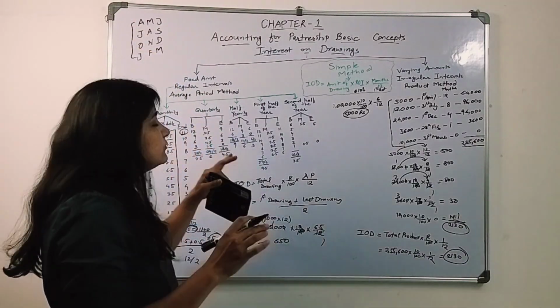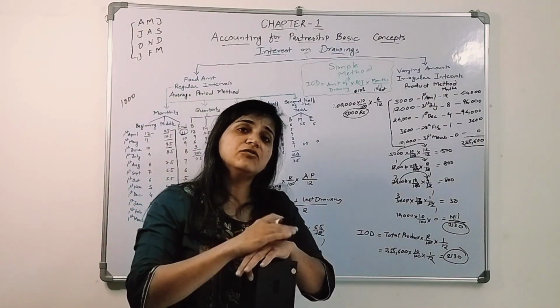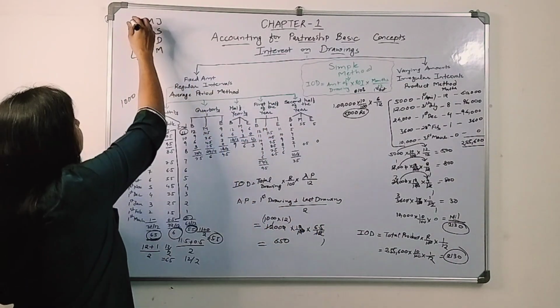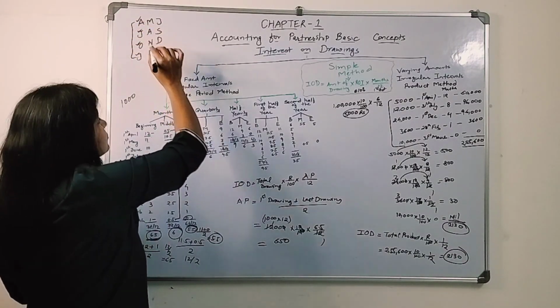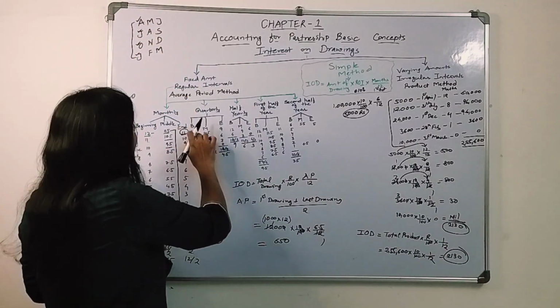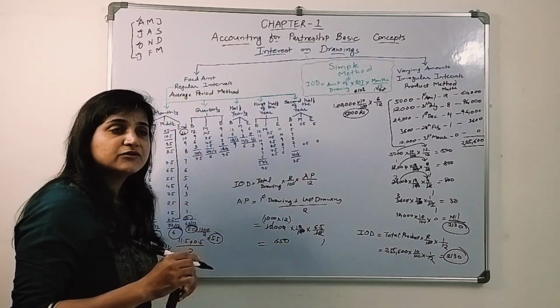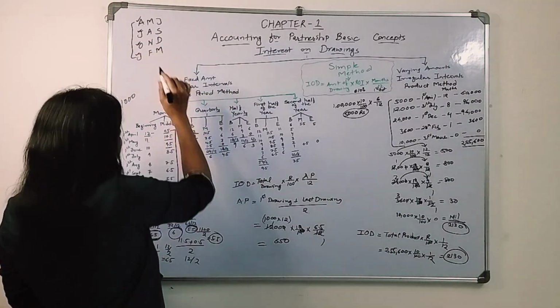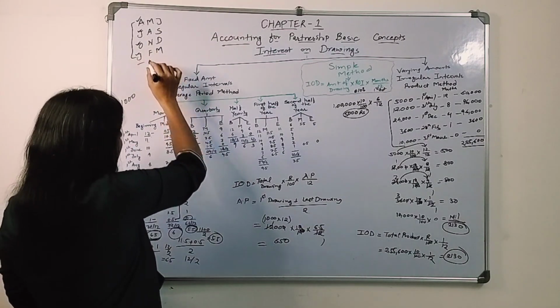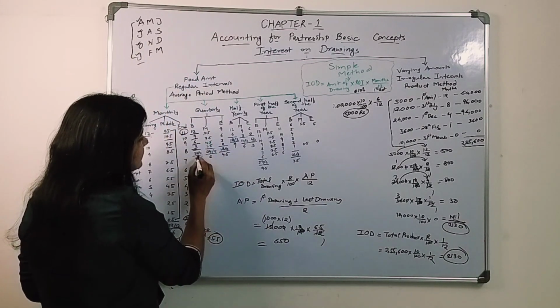Now let's say he is withdrawing quarterly at the beginning of each quarter, that means on 1st of April, 1st of July, 1st of October, 1st of January. So how many months remaining when he is withdrawing on 1st of April? 12, then 9, then 6 months and 3 months. Total of this is how much?